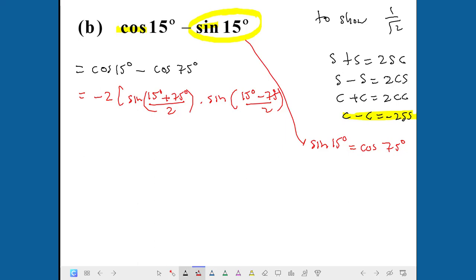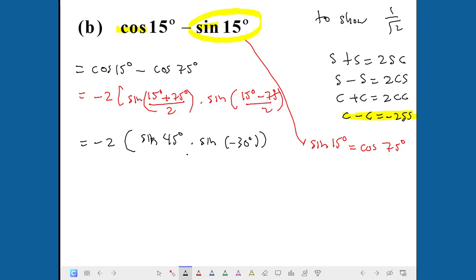Simplify. Negative 2 sine, 15 plus 75 is equal to 90, 90 over 2 is 45, sine 45 degrees times sine of 15 minus 75, which is negative 60. Negative 60 divided by 2 is negative 30.